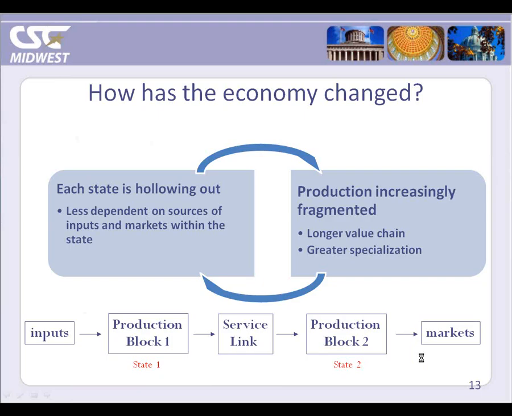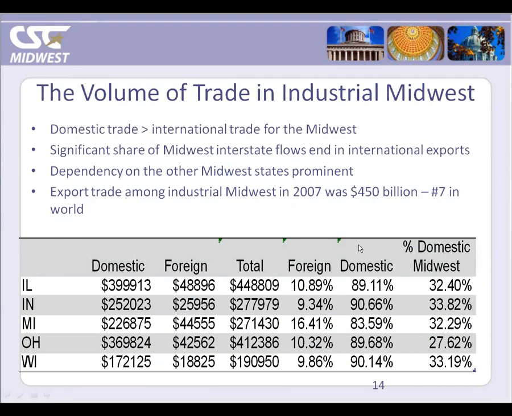So for us, looking at the analysis in analytical terms, this table looks at the volume of trade in the industrial Midwest. And you can see there are a number of characteristics of it that are very important. First, domestic trade accounts for somewhere between 83 and 91% of total trade. Yes, international trade is important, but it is dwarfed in magnitude by domestic trade.